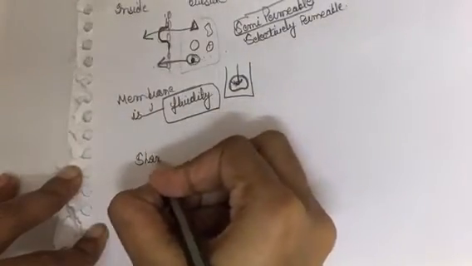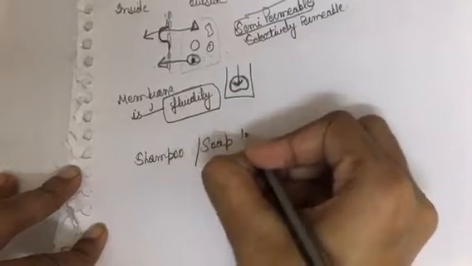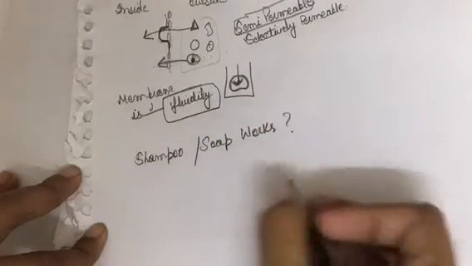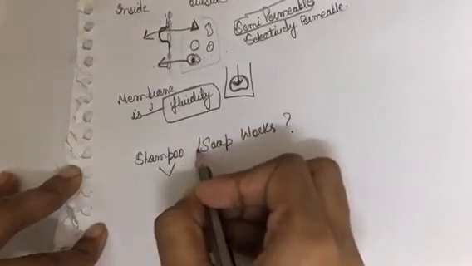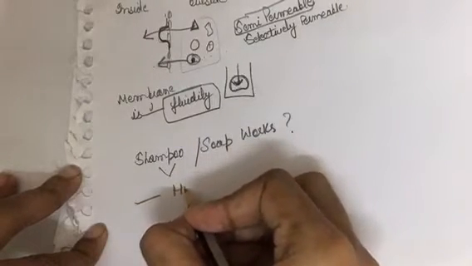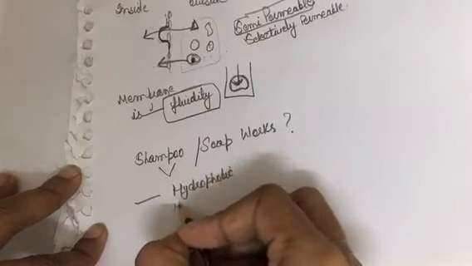The question should come to you: how does a shampoo or a soap work? They are made up of amphipathic molecules, right? It means they have both hydrophobic regions and hydrophilic regions.